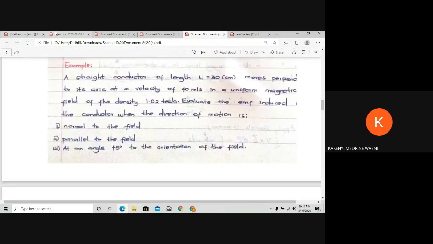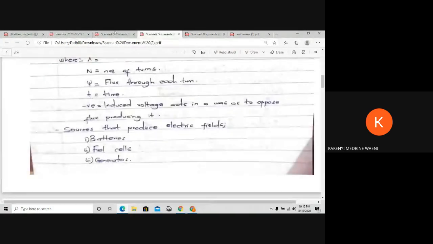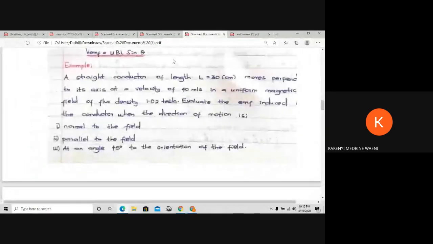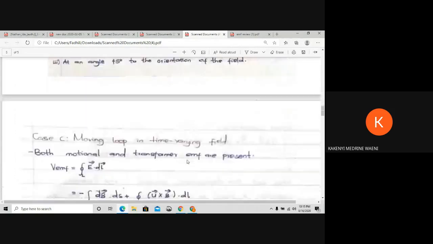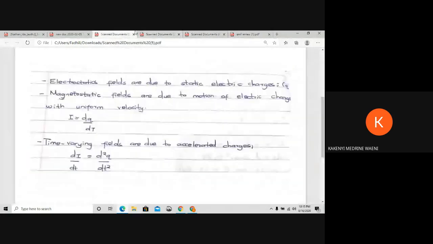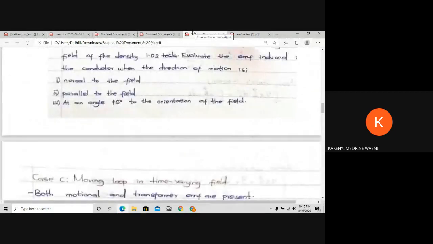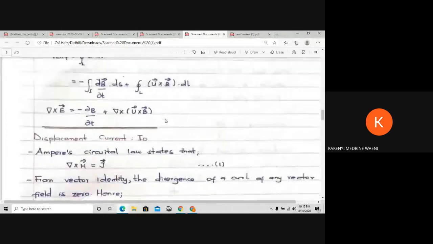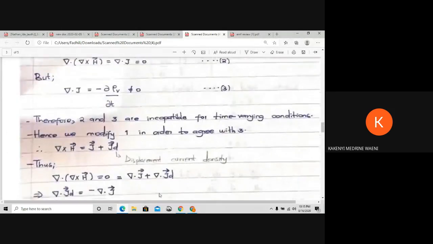This question is the same as this example, option 3 here. Let me just write it down then.